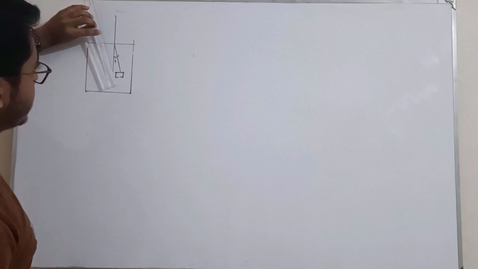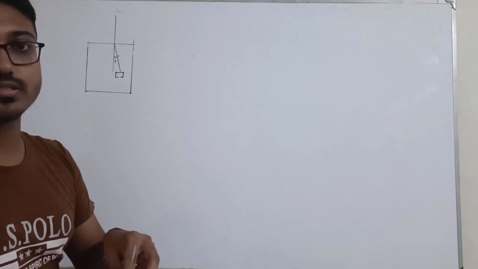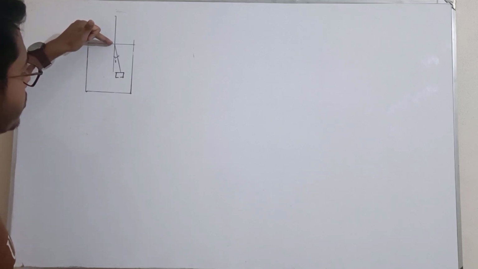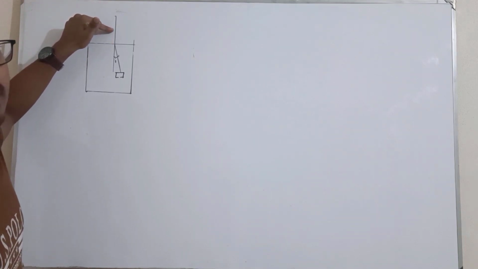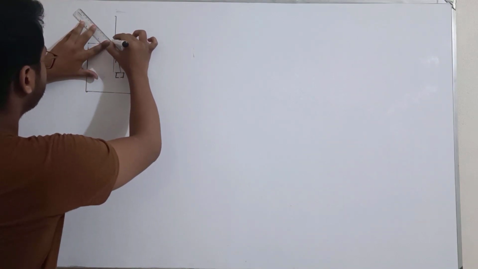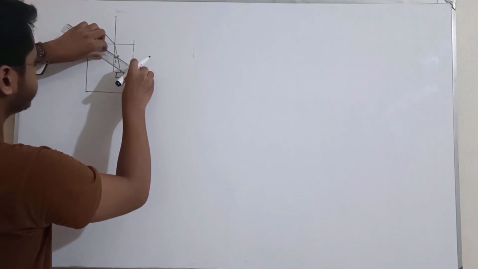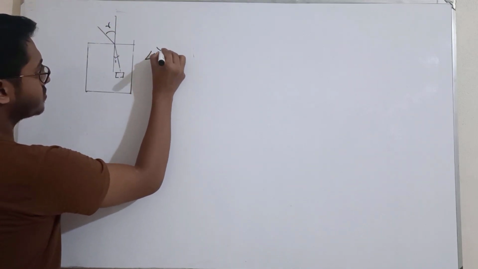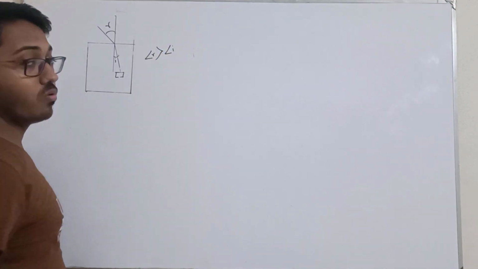The incident angle will be smaller than the refracting angle, which means the ray will go away from the normal. The ray will go this way. Now this angle R will be greater than angle I. Why?